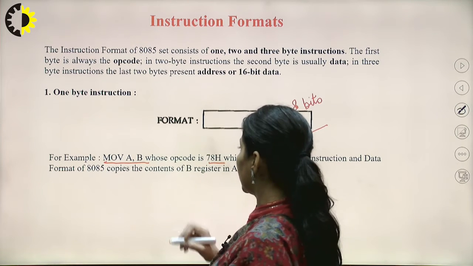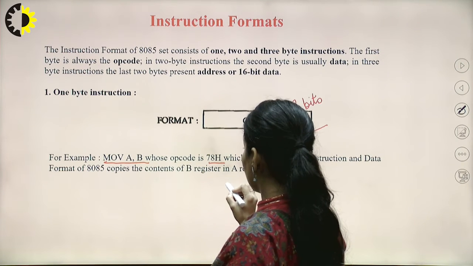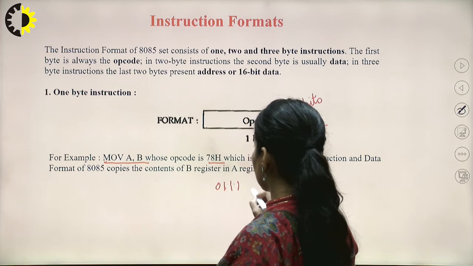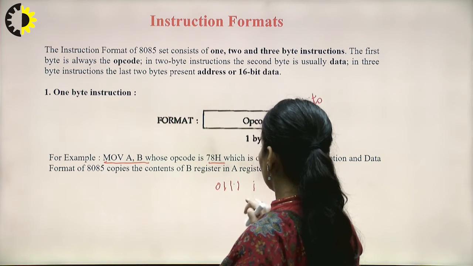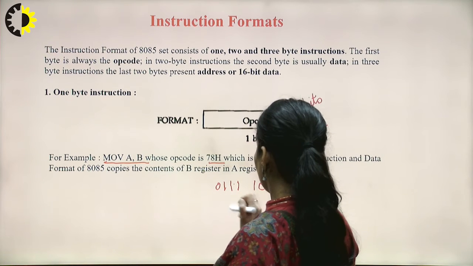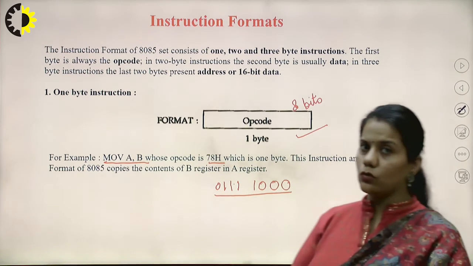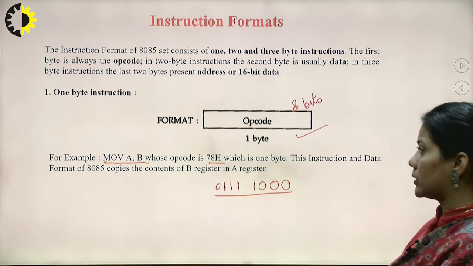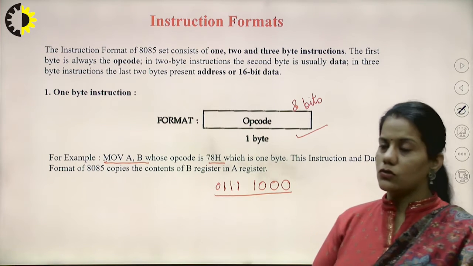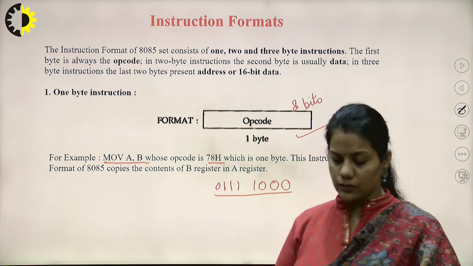So 78H is the code, and this code is equivalent to MOV A, B. This instruction of 8085 copies the contents of register B into register A. So these types of instructions are examples of format 1, that is, the 1 byte instruction.